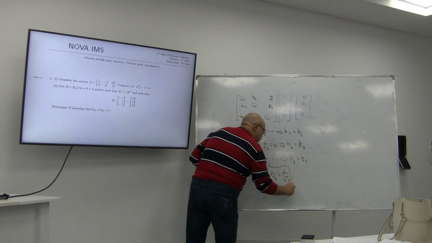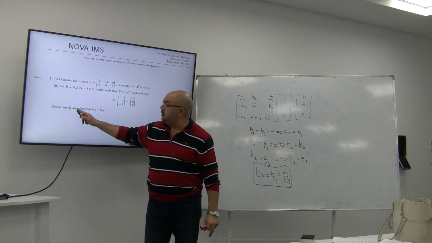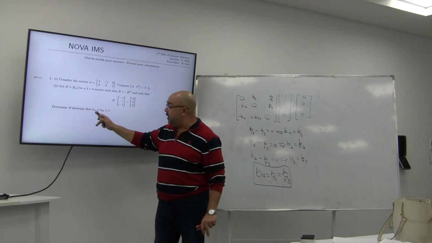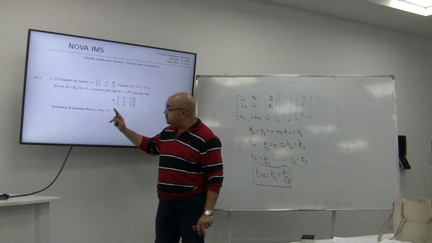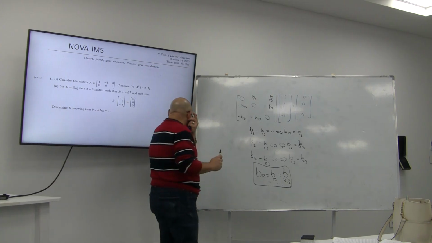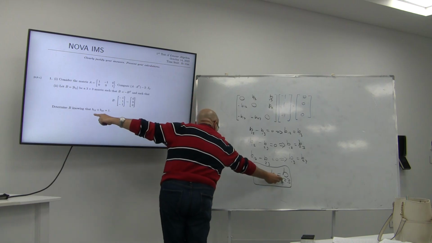Yes. Okay, perfect. Then he told you, determine B, get this matrix, if you know that B12 plus B23 equal to 1. Okay, let's say B12 will equal B23.